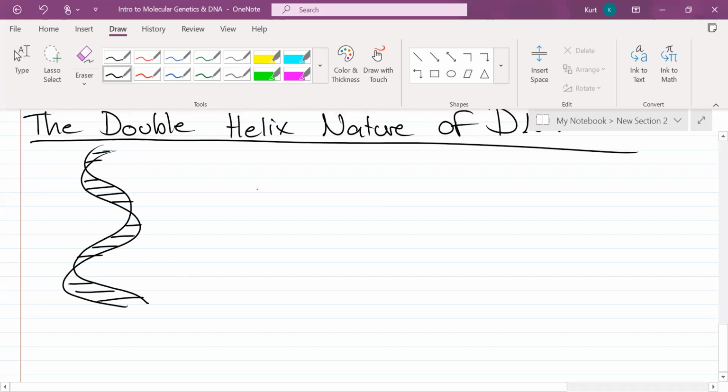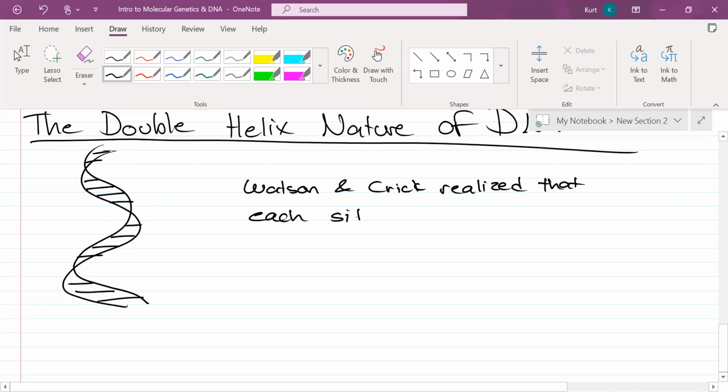So Watson and Crick realized that each side of a double helix was a complement to the other.